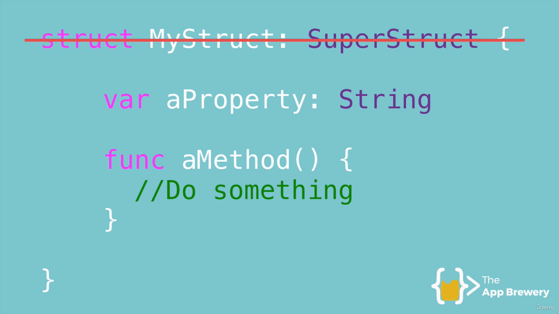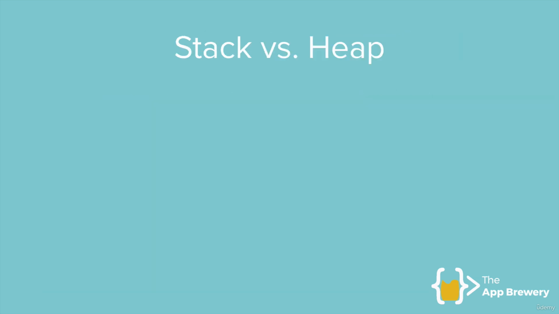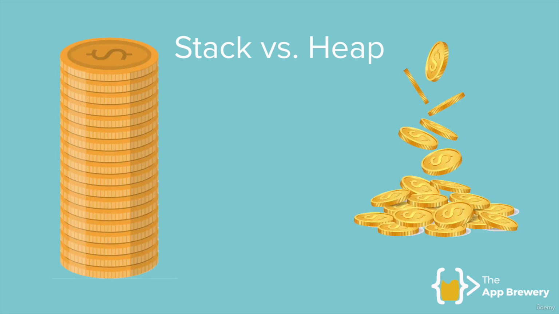So far, none of our user interface components have been created from scratch by us. We've always been inheriting UIView or UIViewController or UITableViewController, and this capability is not given to structs. Now, the other major difference between structs and classes is that they live in different places in memory.